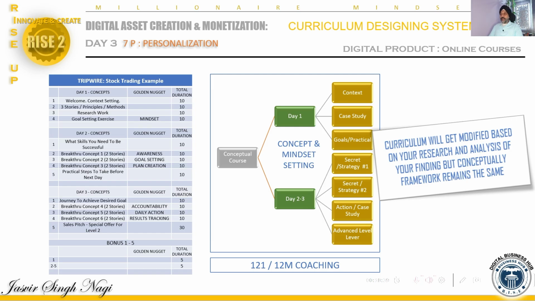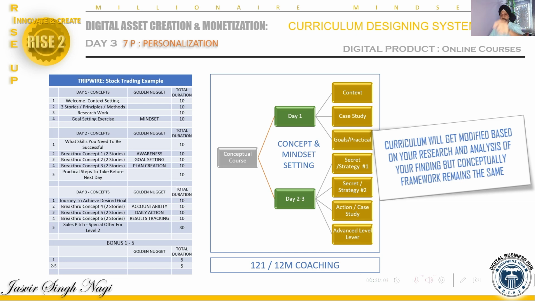Right. Then day 3. So what we covered now, day 1 concept, then day 2 was again the concept on what skills you need to be successful, and day 3 could be the journey to achieve the desired goal. The details of how you will get there. So the whole elements of accountability, daily action and results tracking again, right?